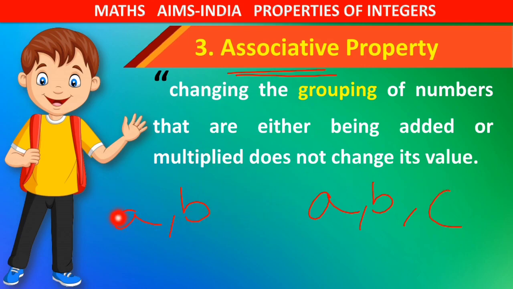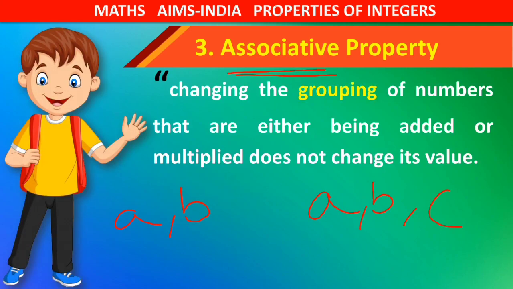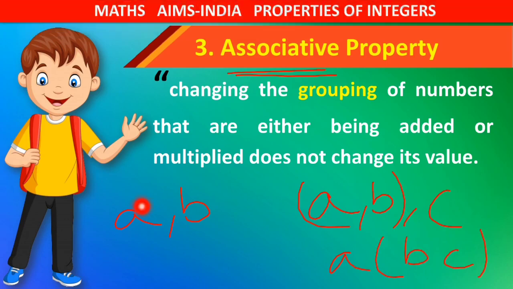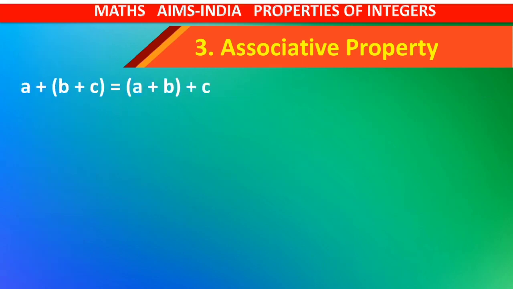In commutative, a into b should be equal to b into a. In associative, a into b into c should be equal to a into b into c. Okay, the grouping, it is very much similar to commutative only. The only major difference is that commutative deals with two integers, associative deals with three integers. Let us understand it with the help of examples.